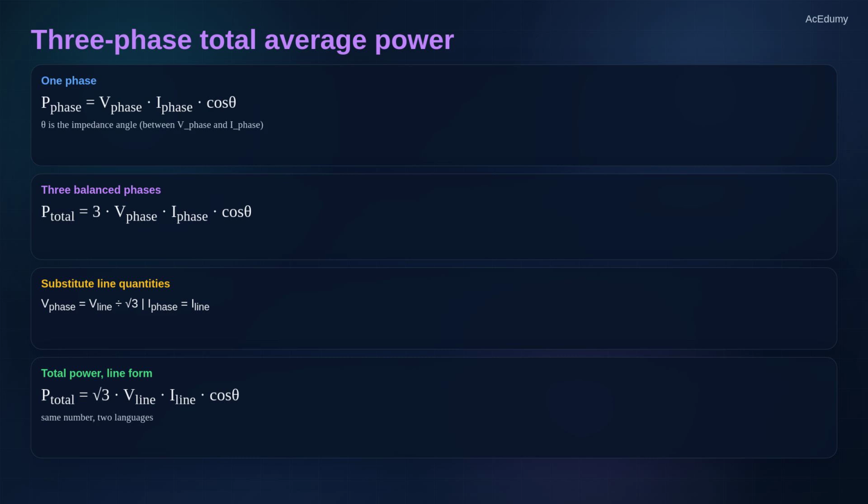V phase equals V line over root 3. I phase equals I line. Substituting and simplifying, the total power becomes root 3 times V line times I line times cosine theta. Same number written two ways. The reactive and apparent powers follow the identical structure.